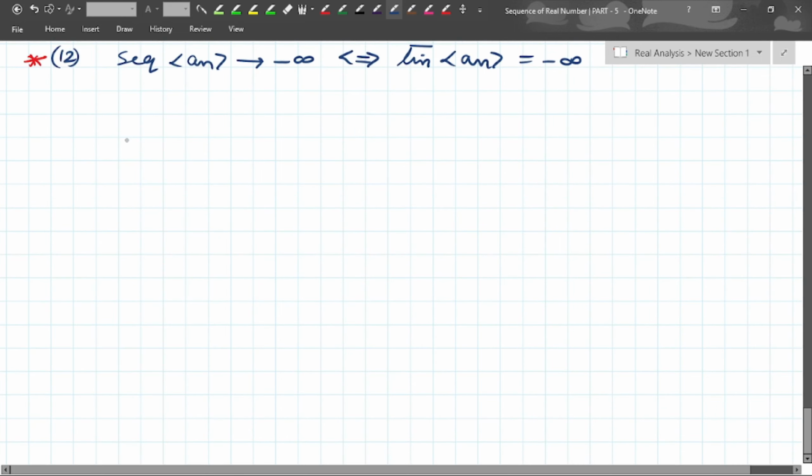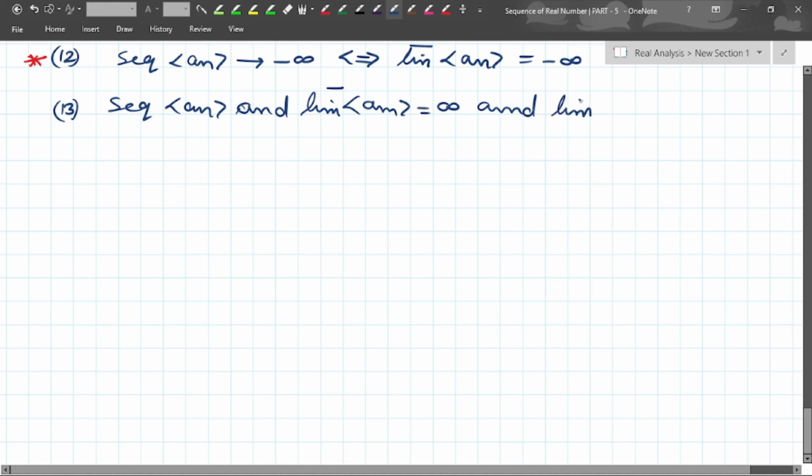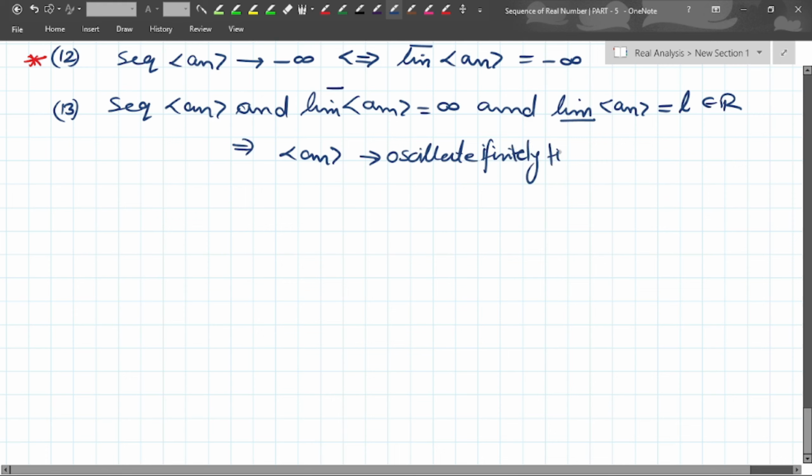Next, 13. For a sequence a_n whose limit supremum is infinity and whose limit infimum is L, a real number, it means that a_n is an oscillating sequence, oscillating infinitely many times.